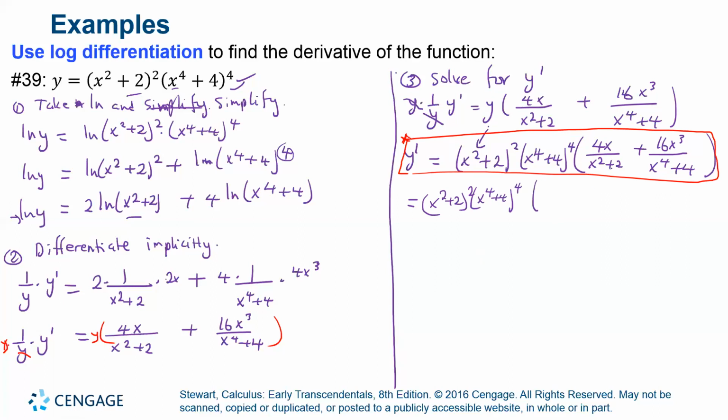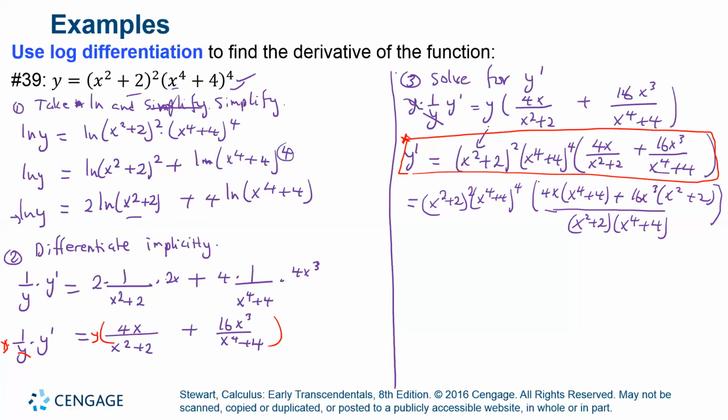Then what is this expression here? Okay, to have the common denominator will be x squared plus 2 then times x to the 4 plus 4. Then the numerator here will be the 4x times this denominator, which is x to the 4 plus 4, and plus 16x cubed times x squared plus 2.